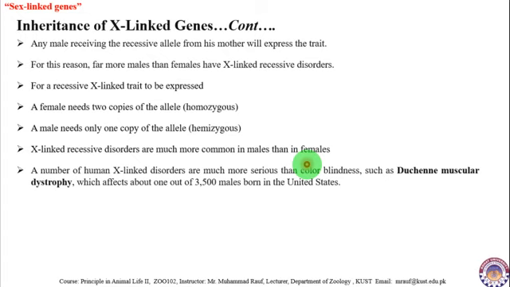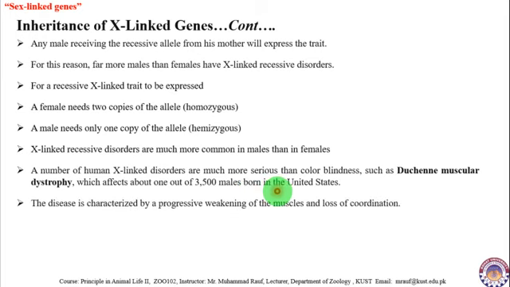A number of human X-linked disorders are much more serious than color blindness, such as Duchenne muscular dystrophy, which affects 1 out of 3,500 males born in the US. The disease is characterized by a progressive weakening of muscles and loss of coordination.